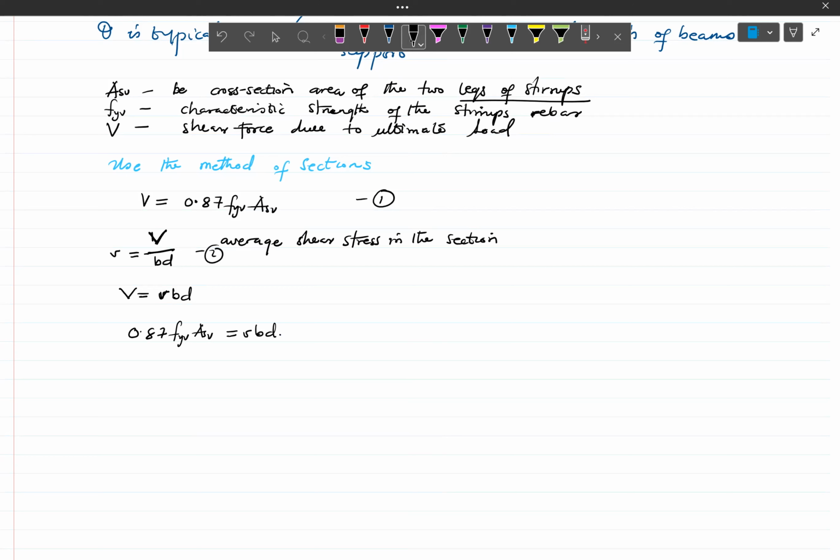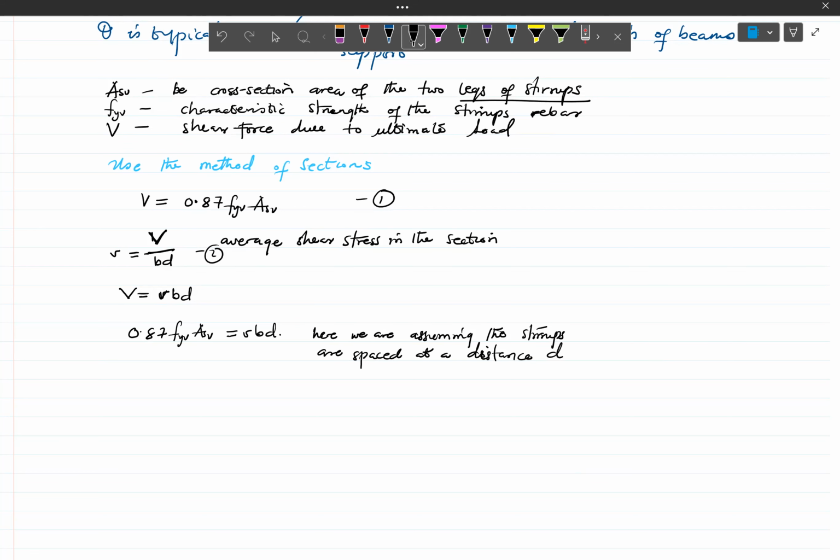And this equation is valid because here we are assuming that the stirrups are spaced at a distance d.